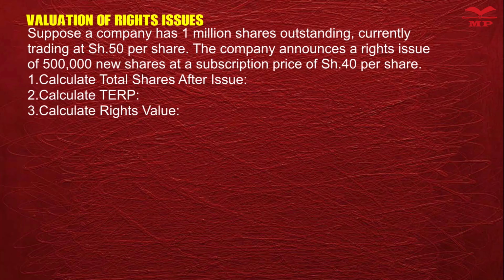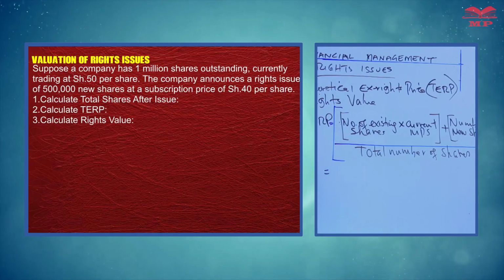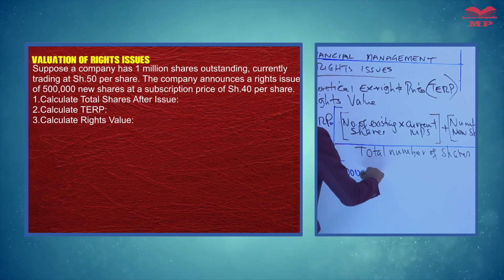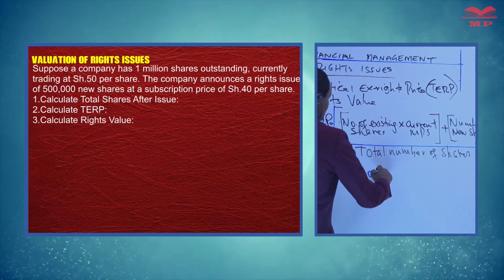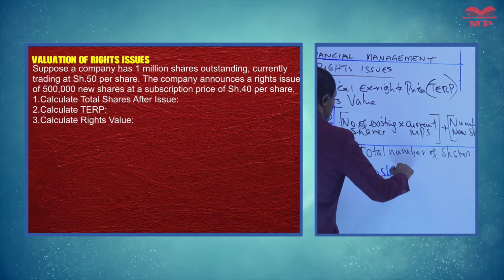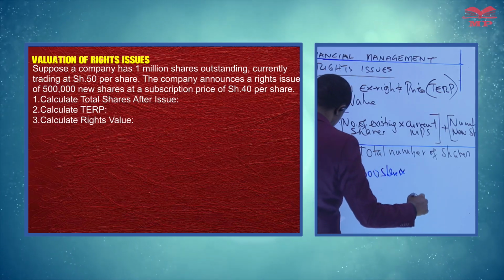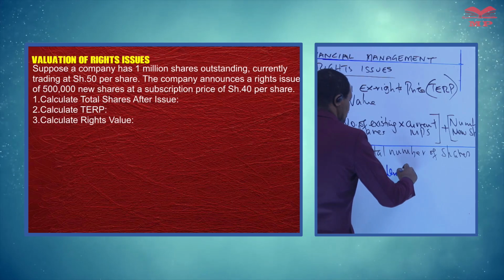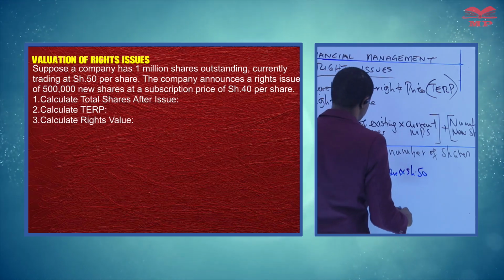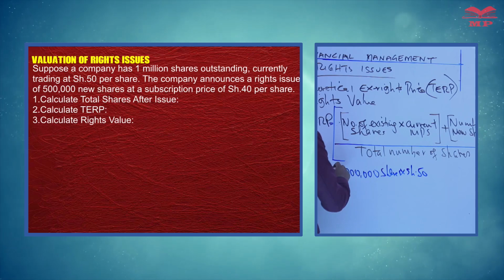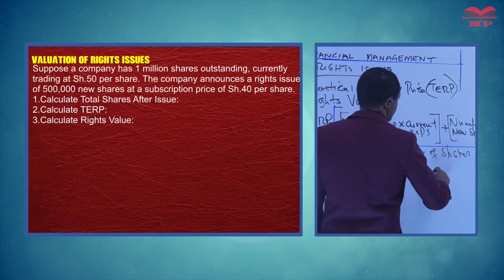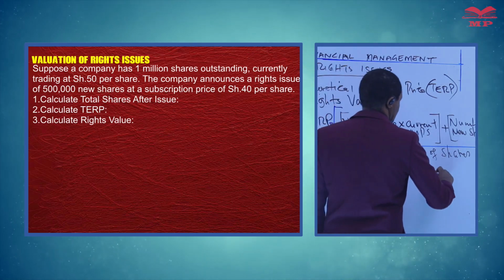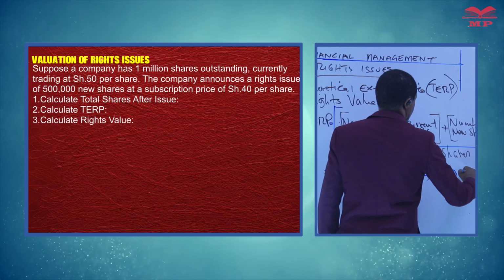Let me use the formula on the board. Number of existing shares is 1 million. The current market price is 50 shillings. Plus the new number of shares, 500,000 shares.